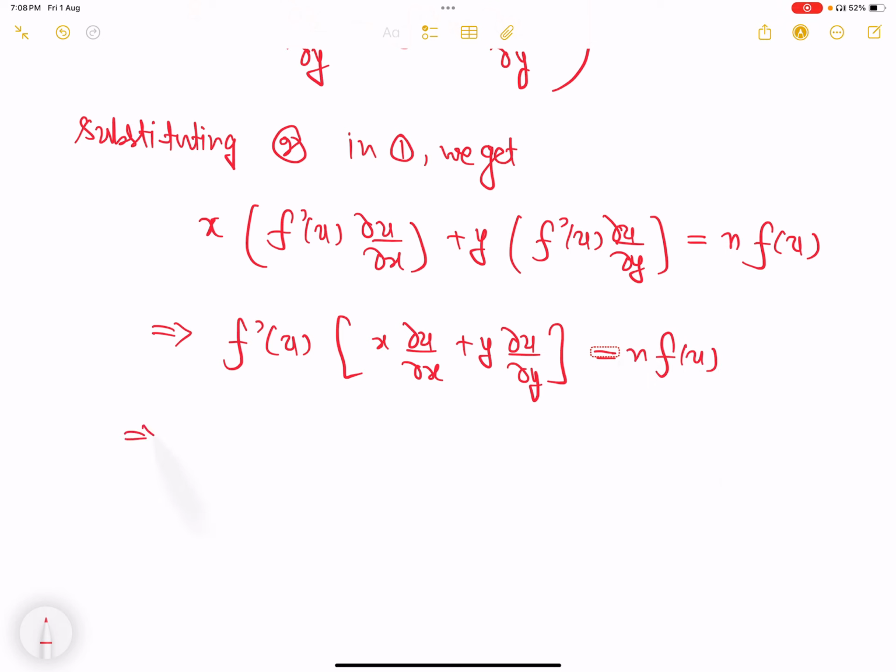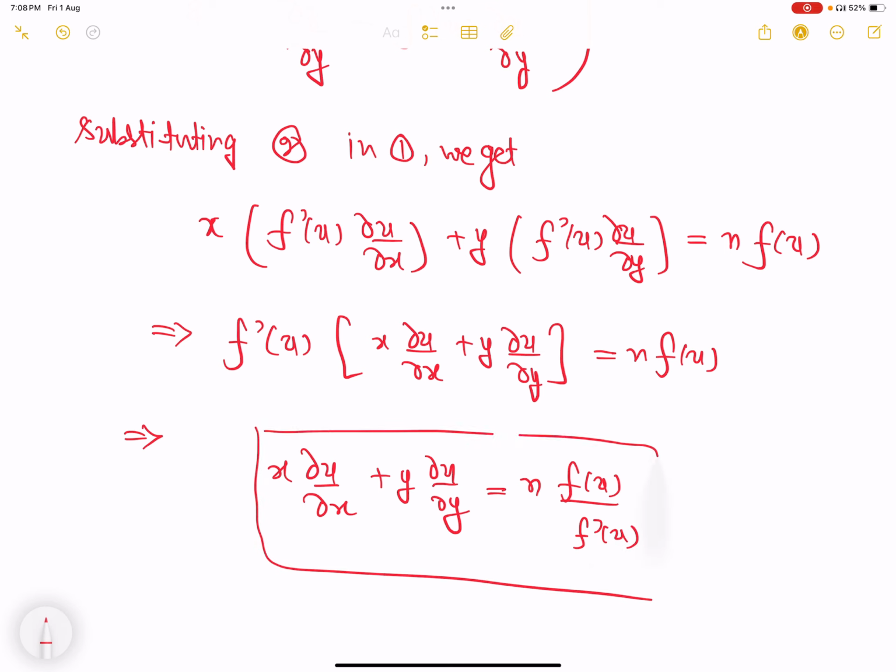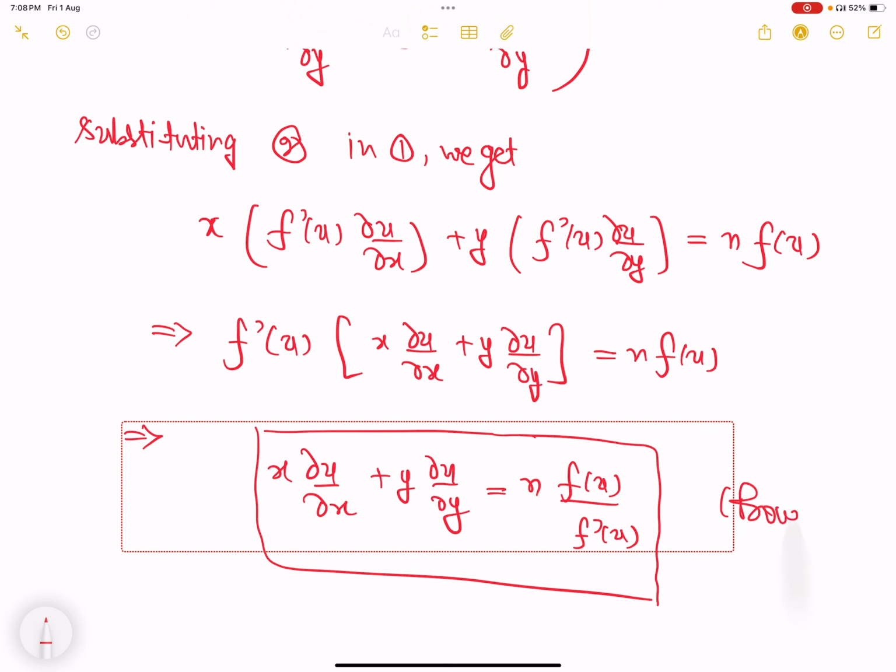Now after solving it, what we will get? x del u upon del x plus y del u upon del y is equal to n times f(u) upon f dash u. So this is proved now.